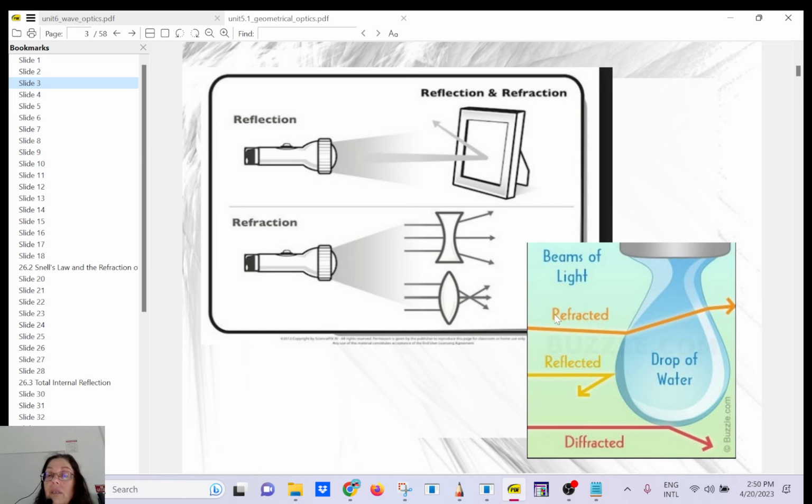Thanks to the refraction phenomenon, we're able to make lenses. So you have diverging lenses. That's the one I have. That's for people who cannot see far. If I remove my glasses, you are all fuzzy here. I don't see anything, but if I look close, I can see. So I am short-sighted.